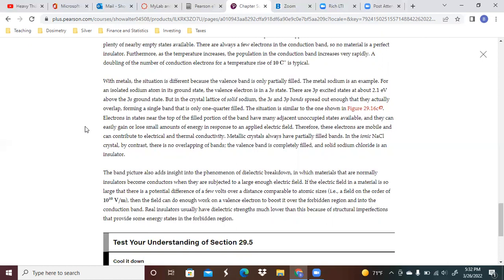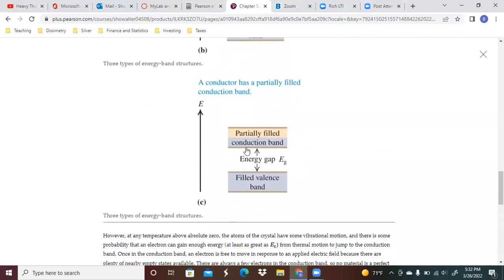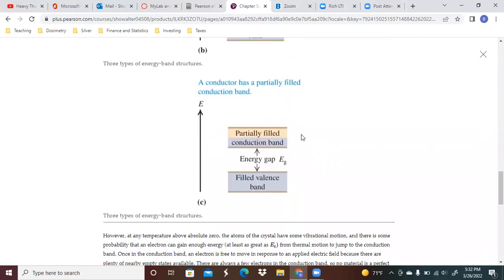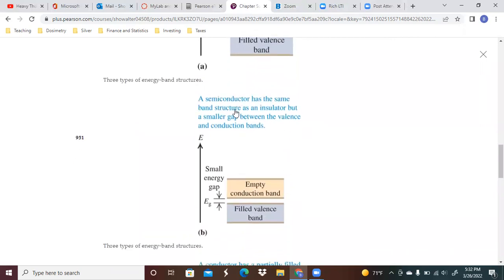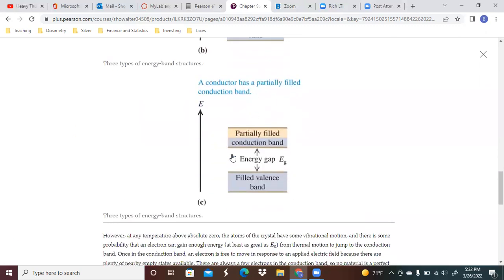The situation is similar to that shown up here, where a semiconductor has the same band structure as an insulator, but a smaller gap. And a conductor has a partially filled conduction band.